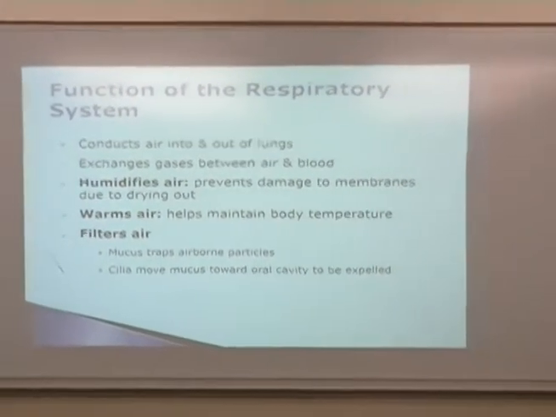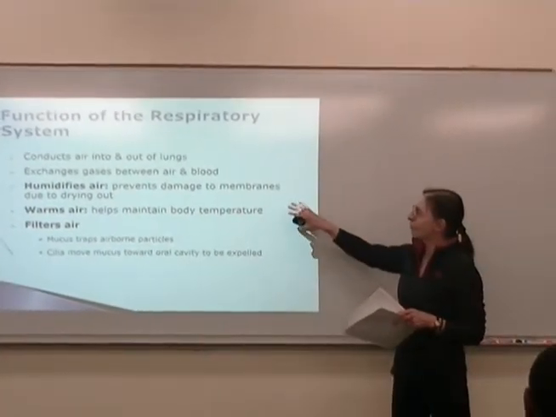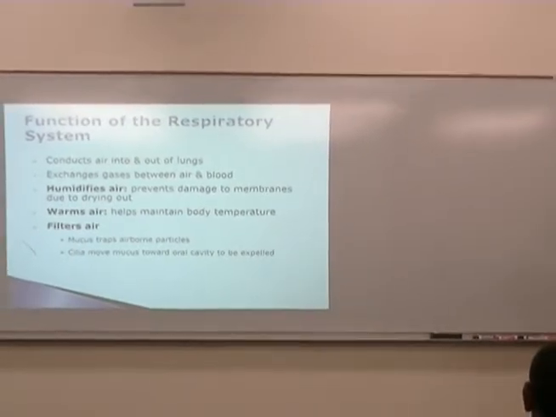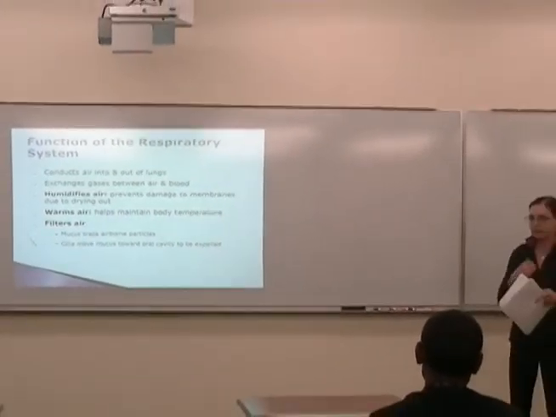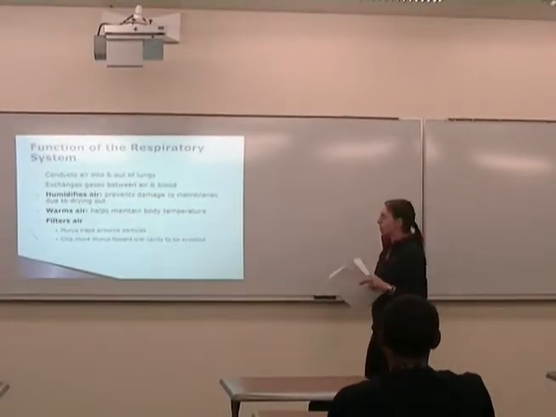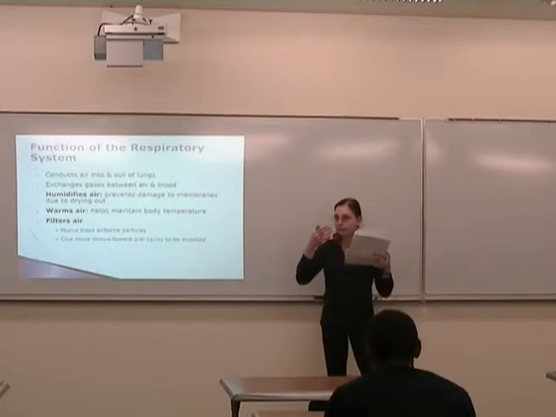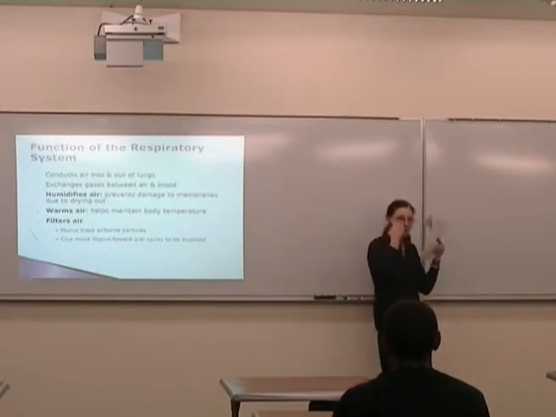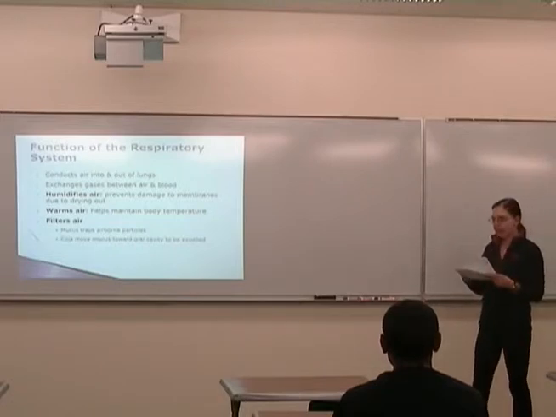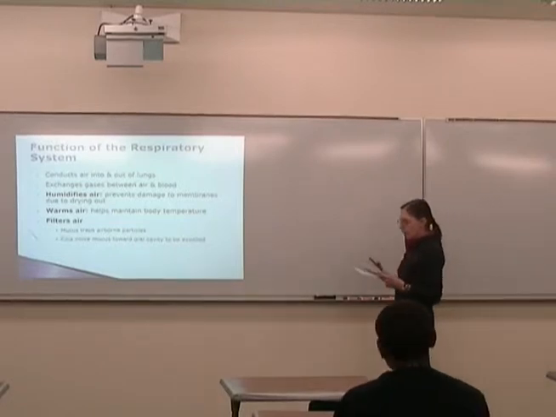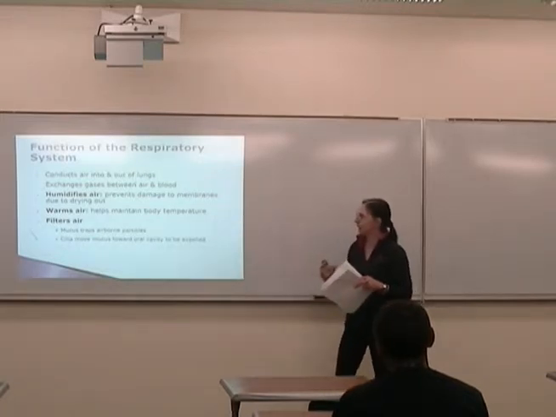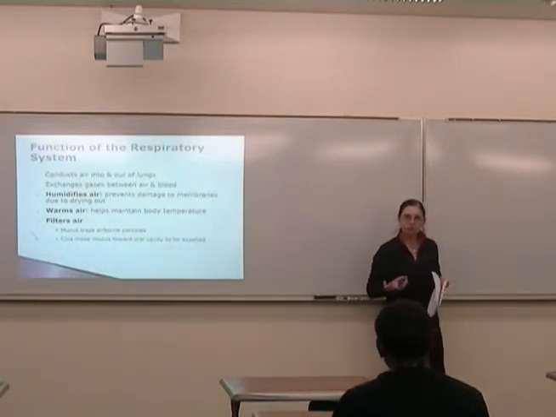The other thing that the respiratory system allows for is humidifying the air so that we don't dry the very delicate tissues in the lung out so that the gas can't move backwards and forwards. So when we breathe in the nasal cavity, we have mucus, some of that moisture gets into the air, and we try to keep it from drying out. It warms the air and filters.